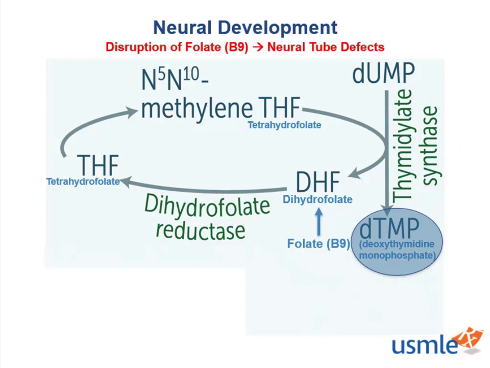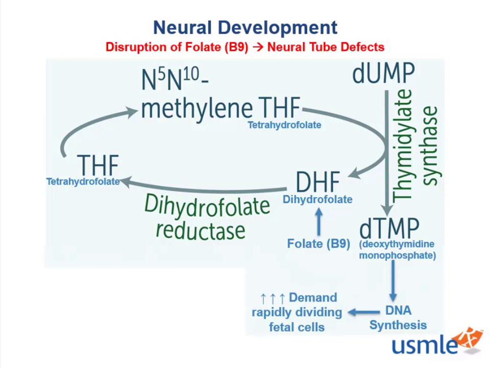Deoxythymidine monophosphate is a crucial pyrimidine for DNA synthesis. DNA synthesis is in high demand in the developing fetus as fetal cells are rapidly dividing. Overall, this biochemical pathway involving folate metabolism demonstrates folate or vitamin B9's crucial role in thymine metabolism, DNA synthesis, and its importance in the proper development of the rapidly dividing cells of the fetus.